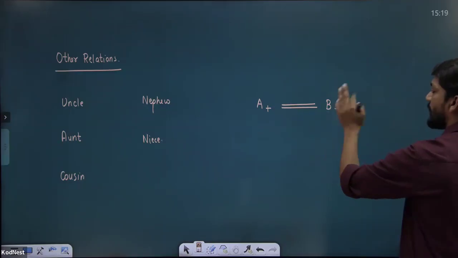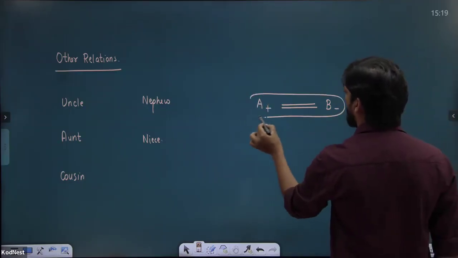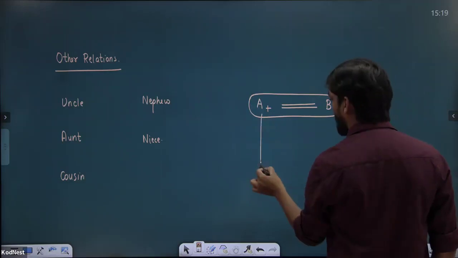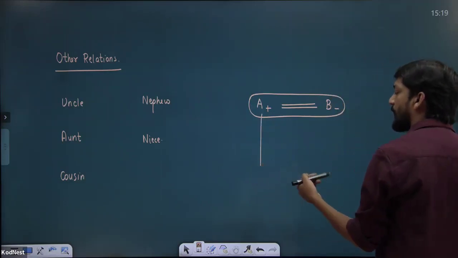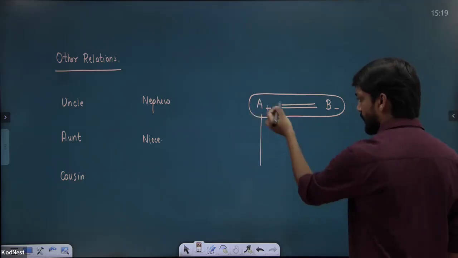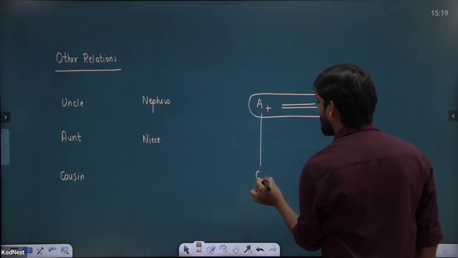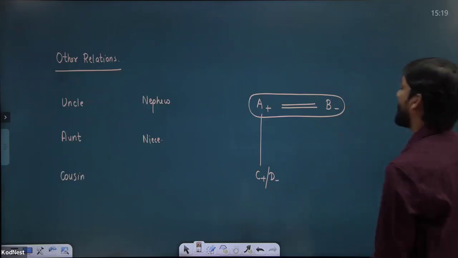Okay, so husband and wife. My dear, they are a couple. So they will have same, whoever is the child of A will be the child of B also because they are a couple. Let's take two children, C plus and D minus.